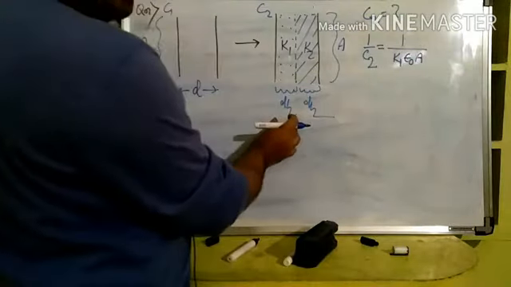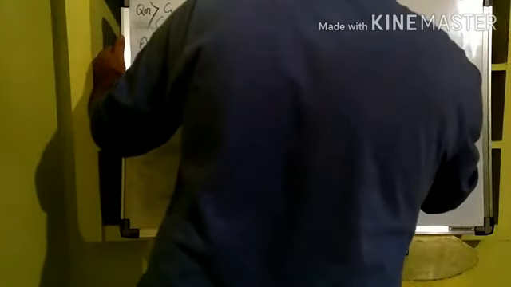So 1 divided by the capacitance of this side is K1 epsilon naught A by D, but D becomes D by 2 now, so the 1 by C becomes D by 2 K1 epsilon naught A. Everybody understand? Plus, similarly, D by 2 K2 epsilon naught A.